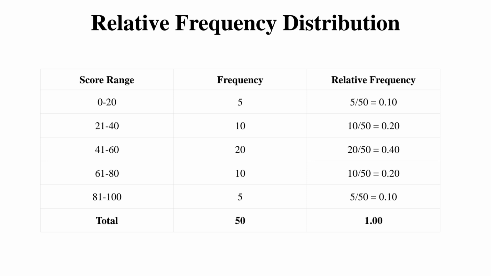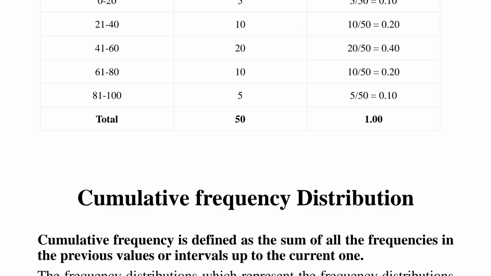We obtain how much of the 50 each class interval accounts for. Suppose we take 5 divided by 50, we get 0.10, that is, 10% of values are distributed among the 50. This is what we can relate from the relative frequency. When we add up all, it sums to 1.